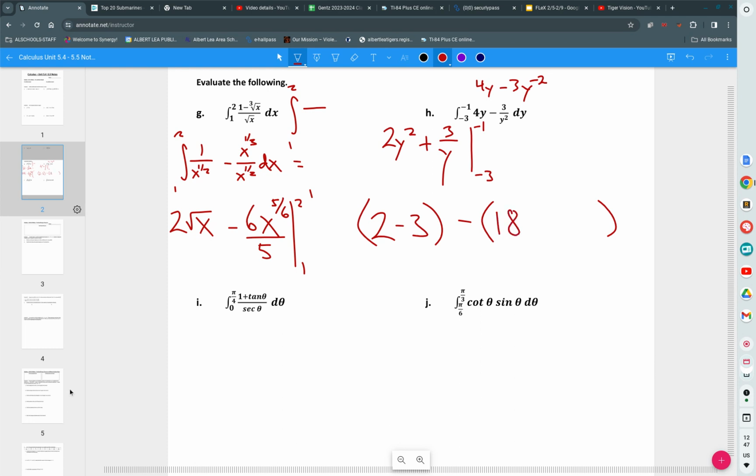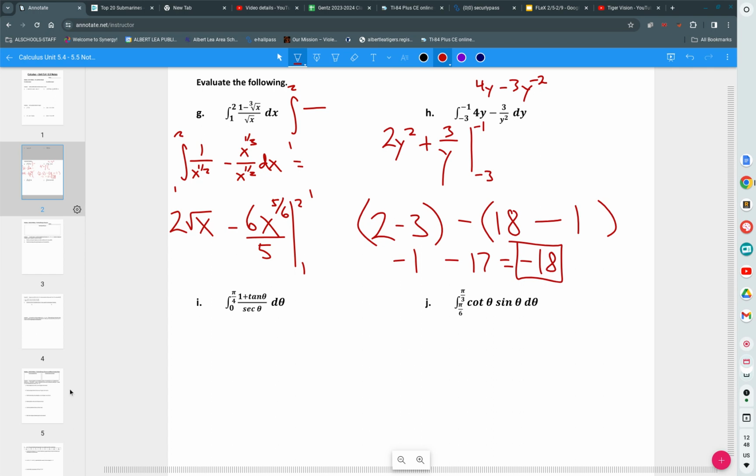I plug in the -3 here, and I get a -1. That works out quite nicely. I get a -1 minus 17, which is -18. What does that mean, the fact that the area came out negative? It's below the x-axis. Simply sits below the x-axis. Okay?